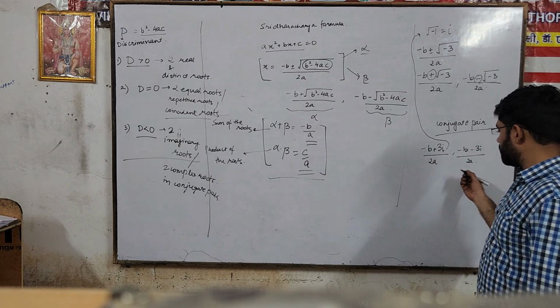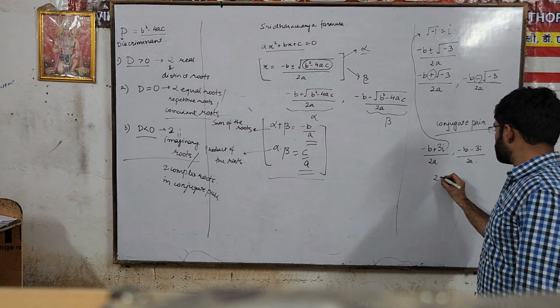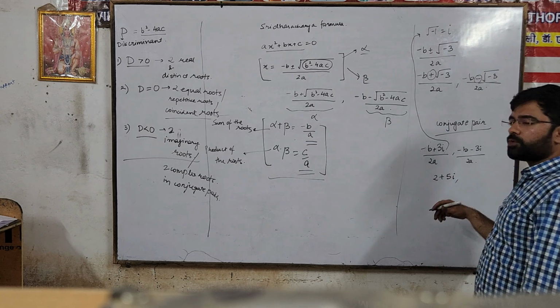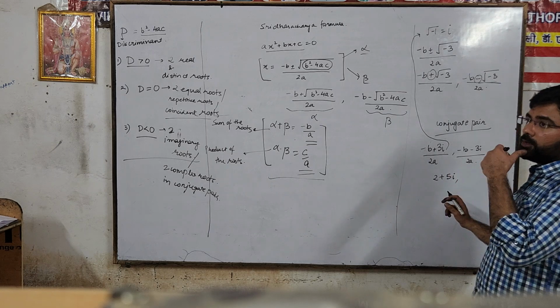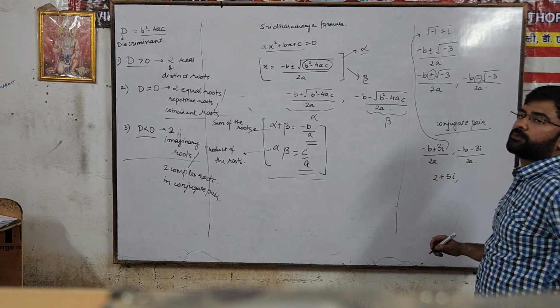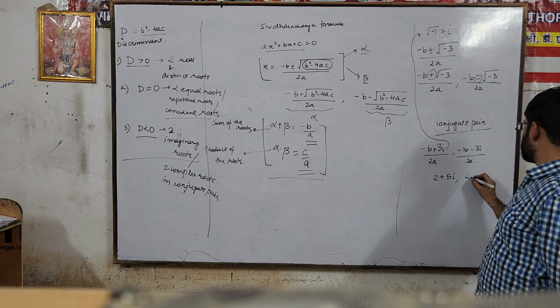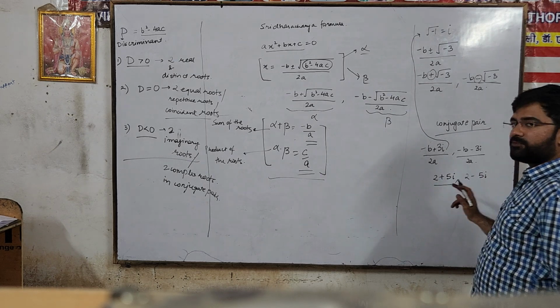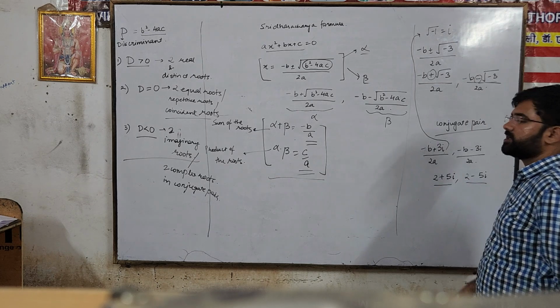Let's say, for example, you have 2 plus 5i as one root of a quadratic equation. If I tell you to find the second root of this equation, what is it going to be? It is going to be 2 minus 5i. Since one root exists like this, the other will be the conjugate pair of this, that is 2 minus 5i.